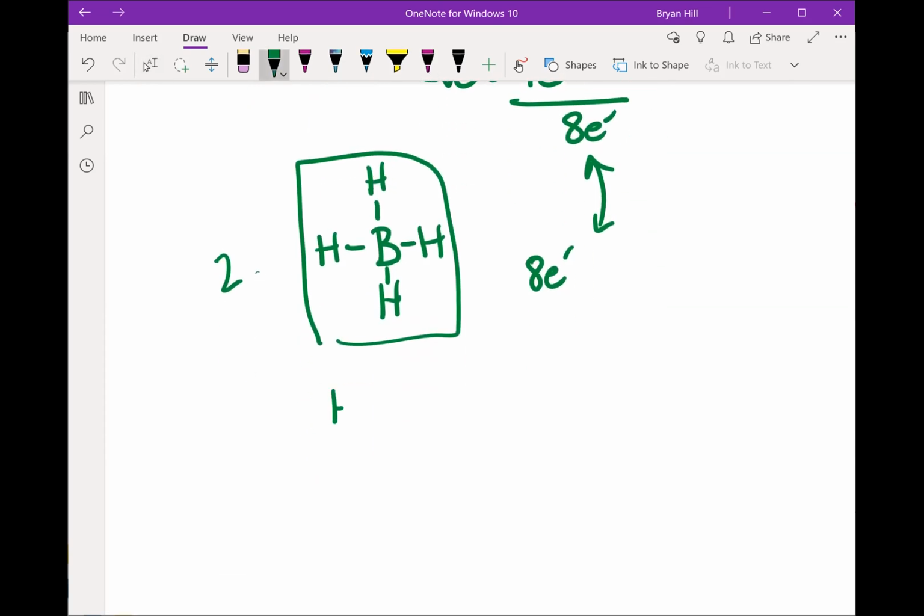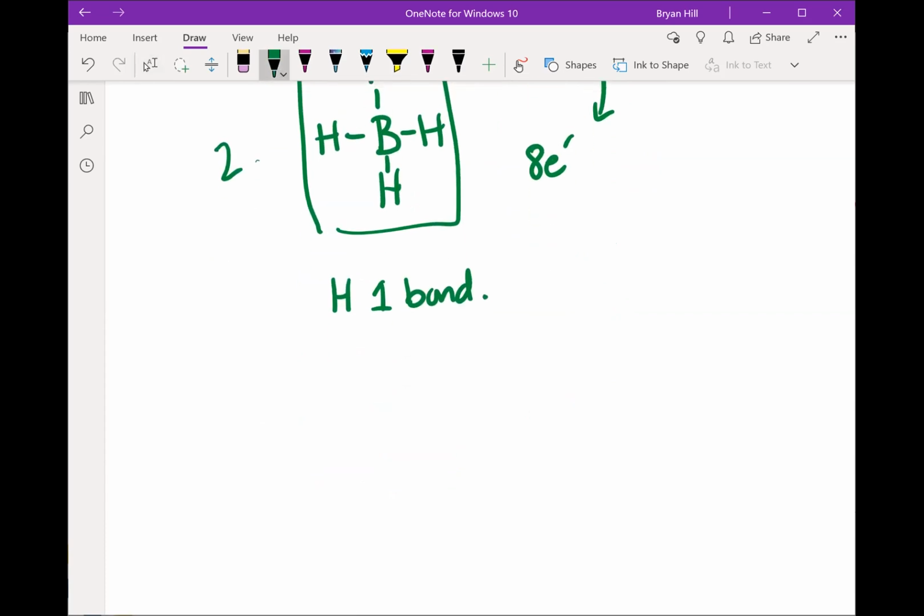Hydrogens can only make 1 bond, and each hydrogen's only making 1 bond. So that means that boron must have the negative formal charge. Let's just do the math to confirm that it's true. So boron's formal charge: the normal number of electrons is 3, and you've got 4 bonds, so this equals -1.